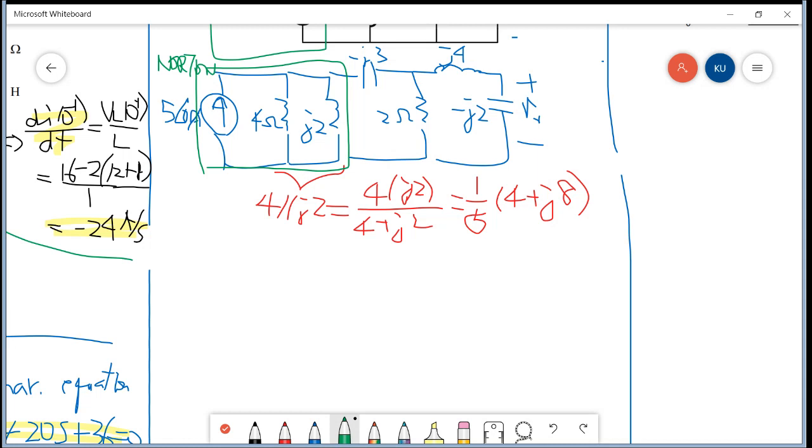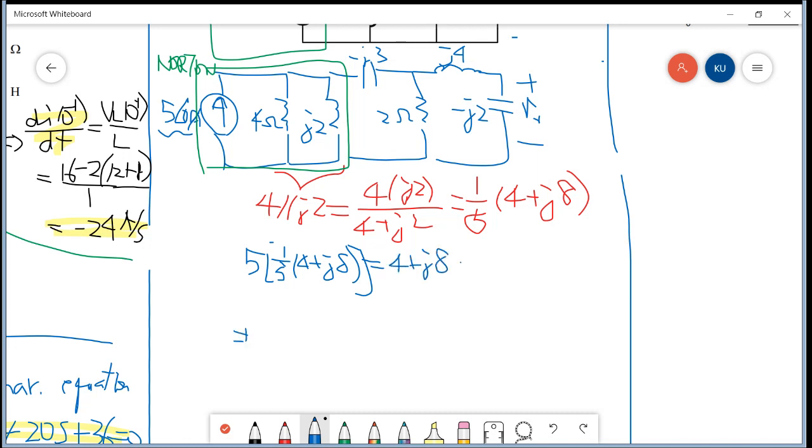And well, it will be something like, so this is 5, so the VS will be 5 times 1/5 (4 plus J8), which will be 4 plus J8.